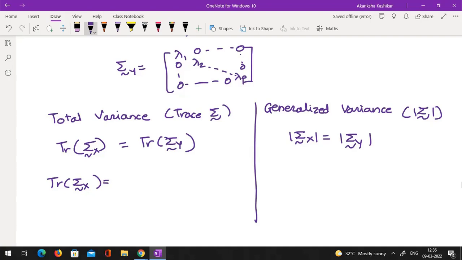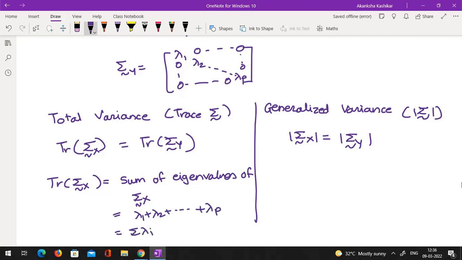So for trace of sigma x, we will use the definition that we got first. Trace of sigma x is the sum of eigenvalues of sigma x. And what are the eigenvalues of sigma x? We know they are lambda 1, lambda 2, up to lambda p. So this is the sum over lambda i, i going from 1 to p. Now I'll use the second definition. I can see that for sigma y, lambda 1, lambda 2, ..., lambda p are the diagonal entries.